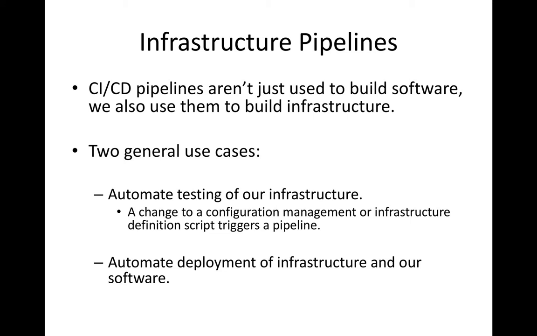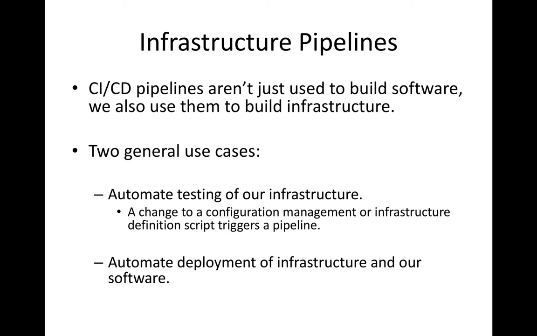But we can also use pipelines to automate the creation and testing and deployment of infrastructure as well. We call these infrastructure pipelines. And in my organization, we have quite a few pipelines that are dedicated to building infrastructure. And there's sort of two general use cases.